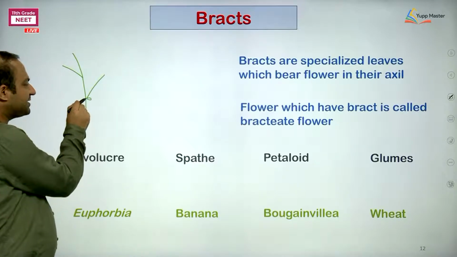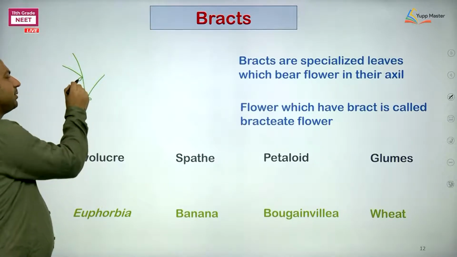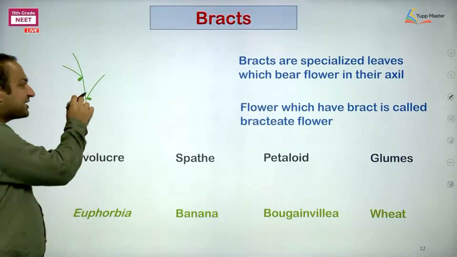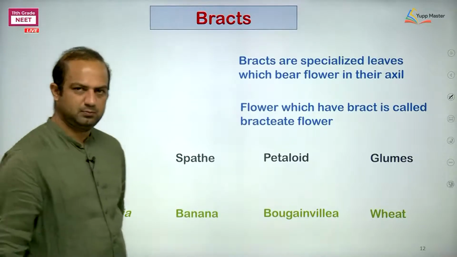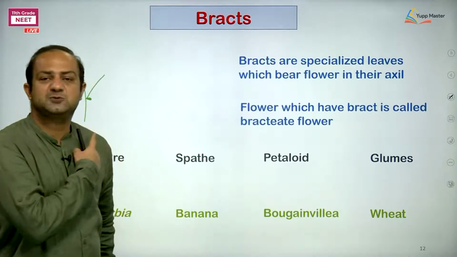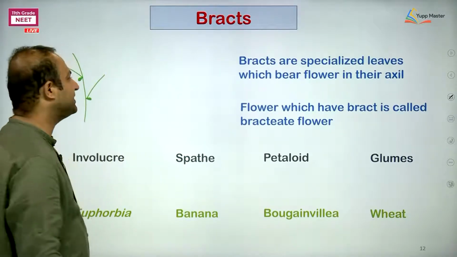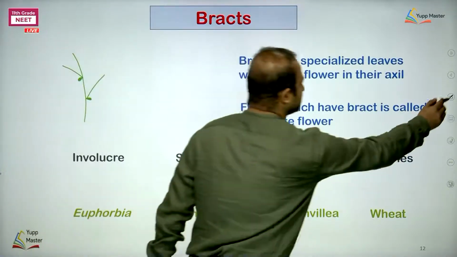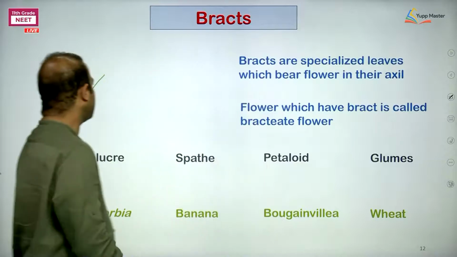They may have this leafy appendage, this one, whose axil bears the flower. You can say this leafy appendage is present at the base of the pedicel. That is called what? Bract. That is the structure which we call a bract. Remember this one.